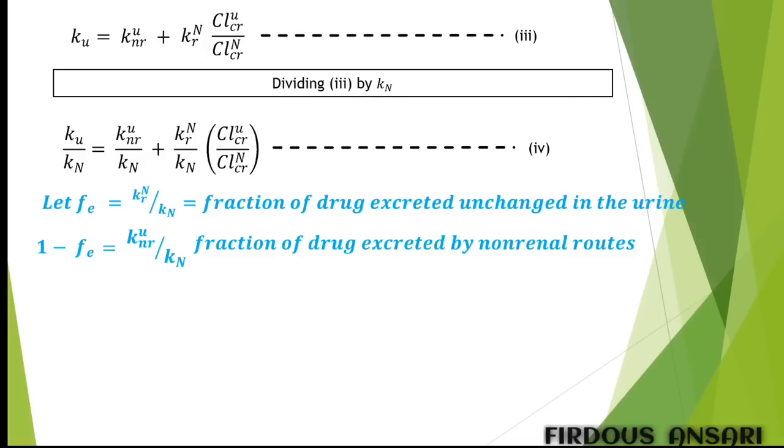So over here, in place of Krn divided by Kn we should write Fe, and in place of Knr divided by Kn, that is this one, we should write 1 minus Fe.